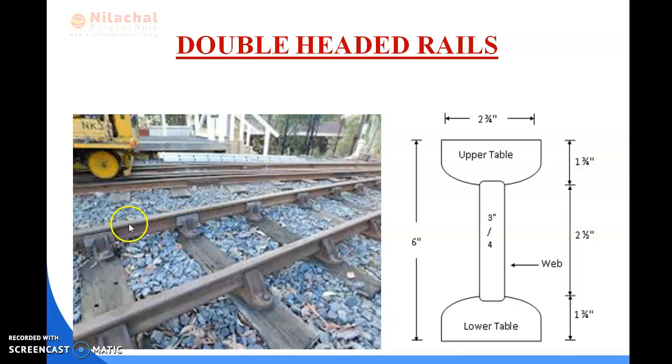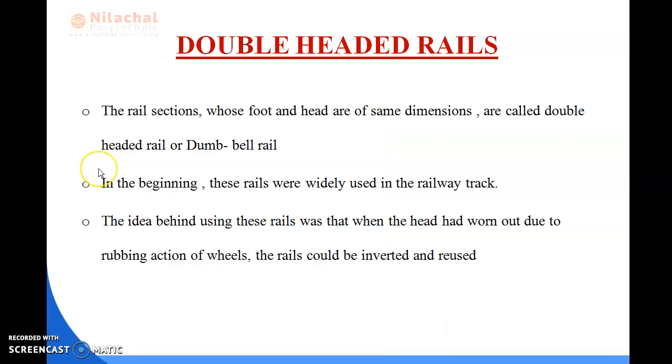In this rail there is the top portion and the foot portion. The foot portion will be jointed with the sleeper, and on the top portion the train wheel will move like this.